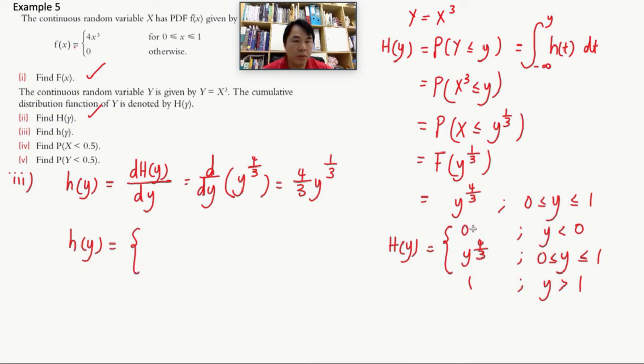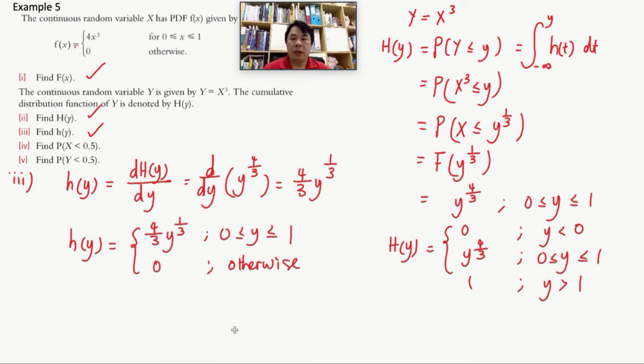According to our differentiation, if we differentiate the other intervals, it will always yield 0 for any value that does not fit in this domain. We will write down otherwise. The one that fits in this domain would be 4 over 3 y to the power of 1 over 3 if it satisfies this domain. That will be the answer for number 3. I hope that is clear to all of you.